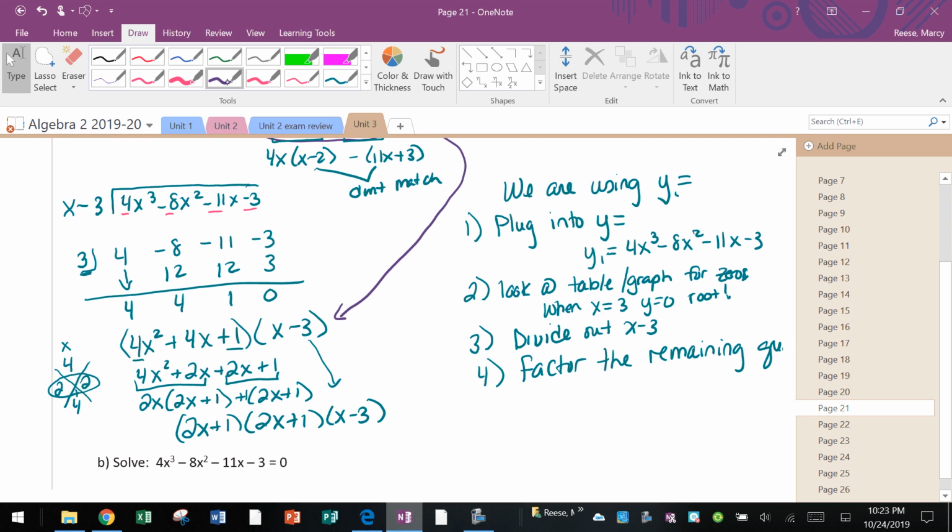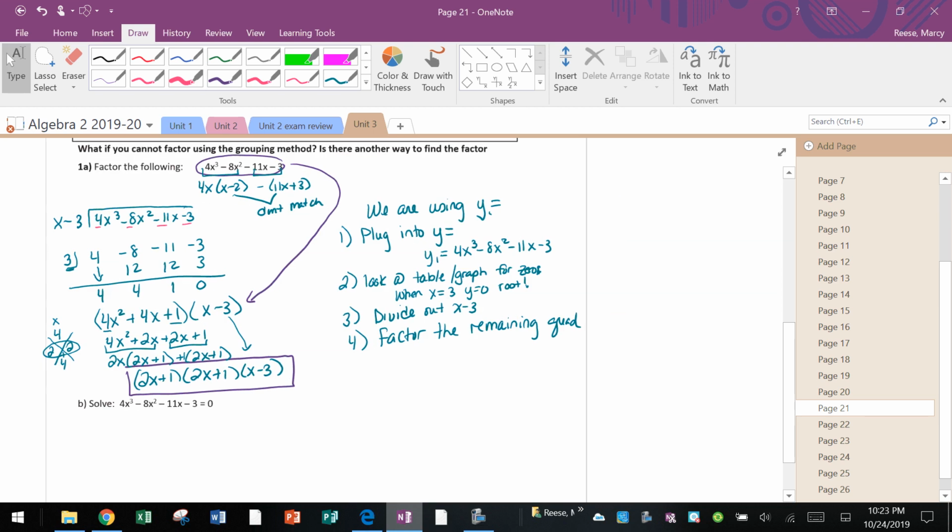And what you have now is the final piece. It's a lot of work, yes, it is. But remember, we originally wanted to factor that problem right here, that up above, that 4x cubed minus 8x squared minus 11x minus 3. That's exactly what we did. We broke it apart into separate factors.